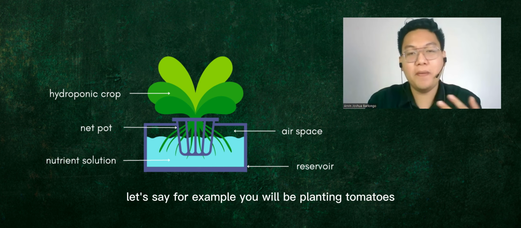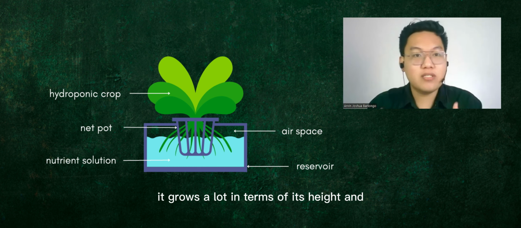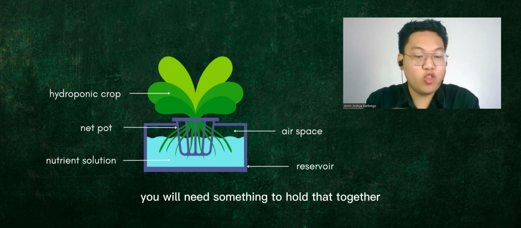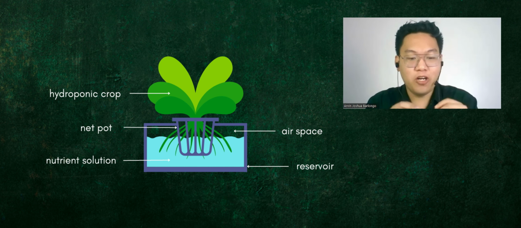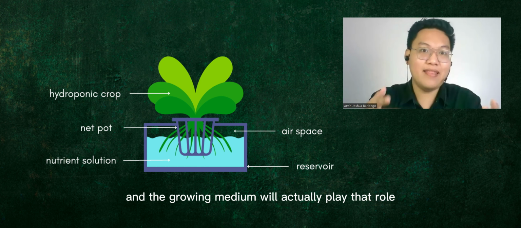Let's say, for example, you will be planting tomatoes. Tomatoes, as we know, or if you don't know yet, are really tall. They grow a lot in terms of height. And you will need something to hold that together or to act as a support. And the growing medium will actually play that role.